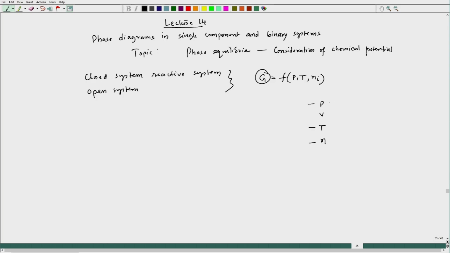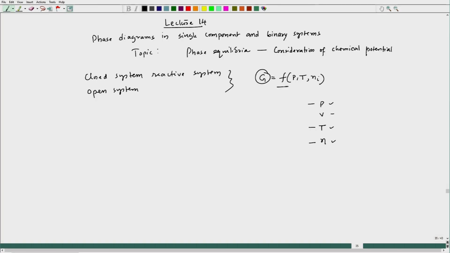In fact, if I compare the easiness of control of these four parameters, pressure, temperature and number of moles are easy, but volume is a bit difficult if it is an irregular volume. Measurement becomes difficult, but still it is much easier than taking entropy or internal energy as variables.